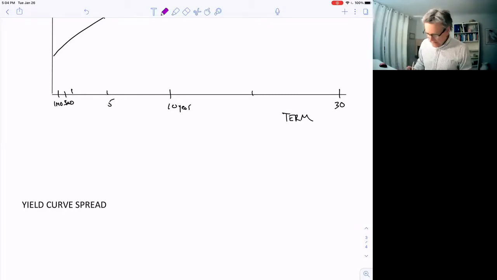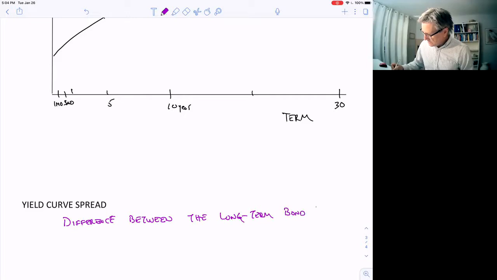And the yield curve spread is the difference between the long-term bond yield, usually the 10-year, and the short-term bond yield.